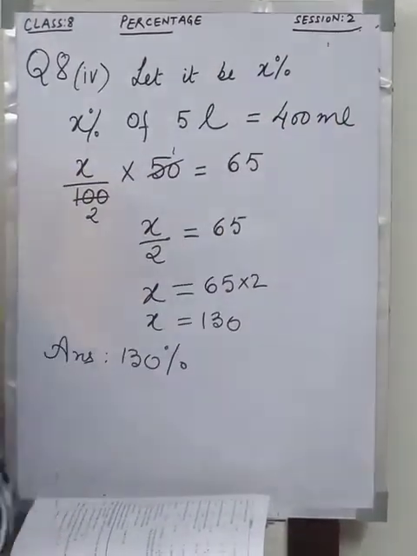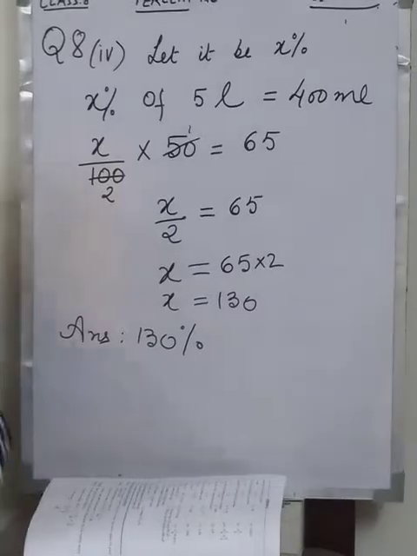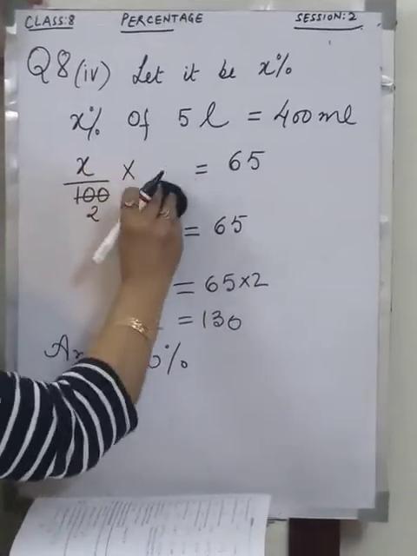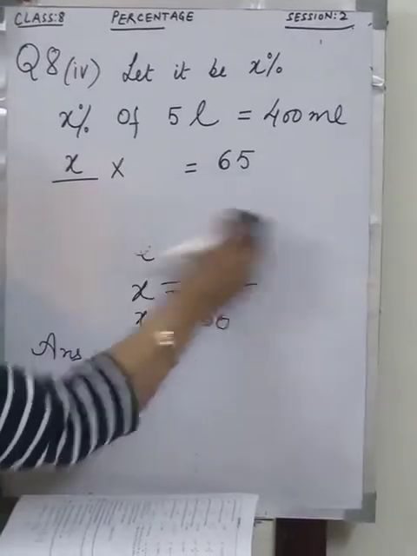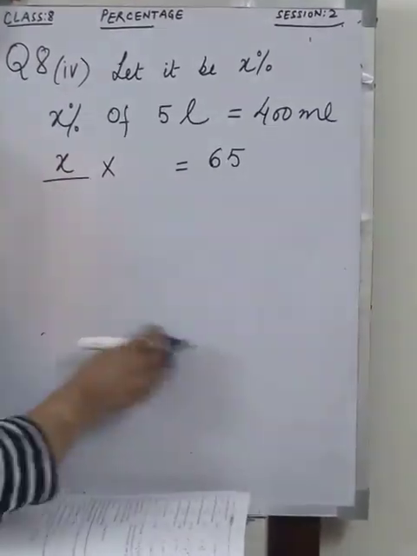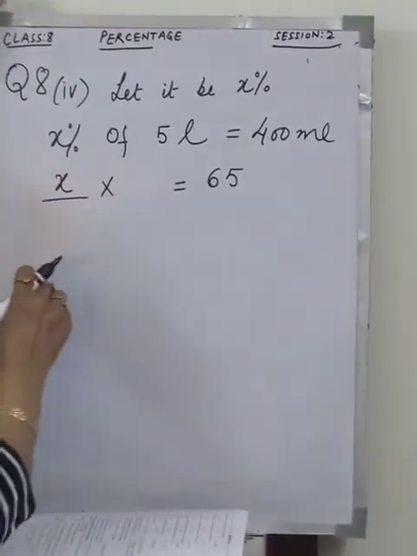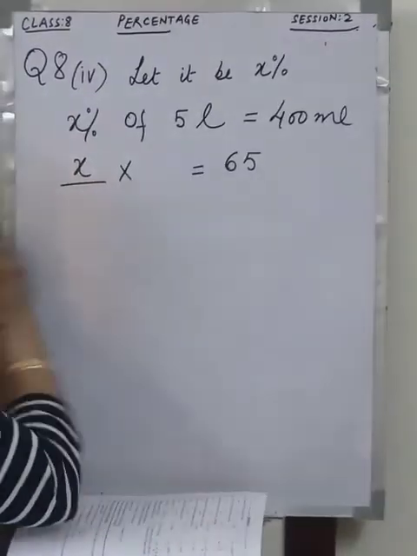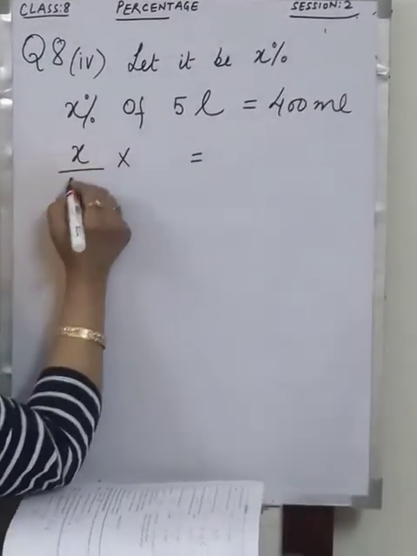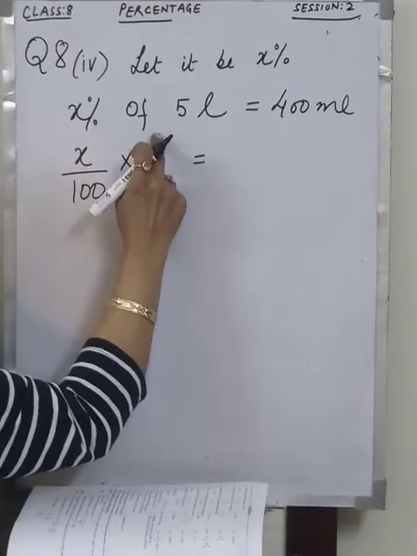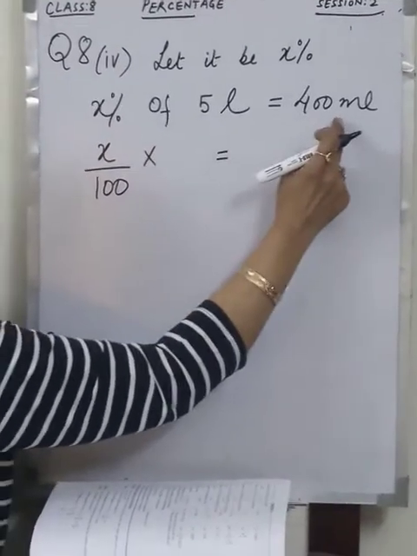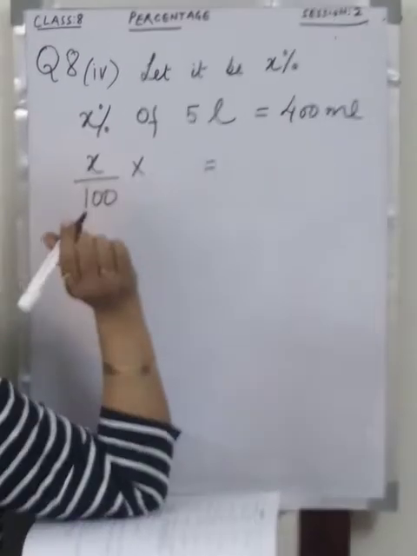See, in the previous question both the quantities were in kg. Now one is in milliliter and another one is in liter. X percent means x upon 100. So I have written the mathematical expression: x percent of 5 liters is equal to 400 milliliters.